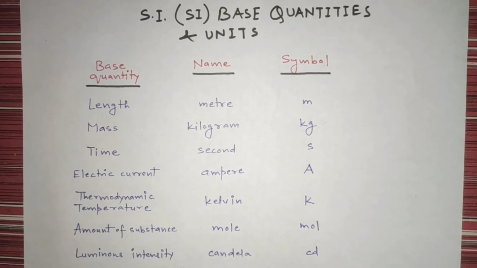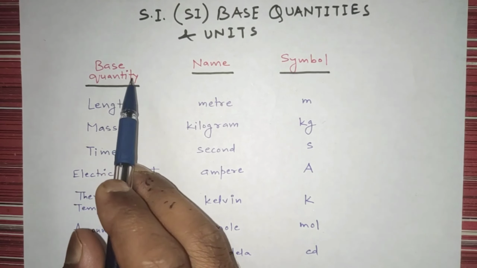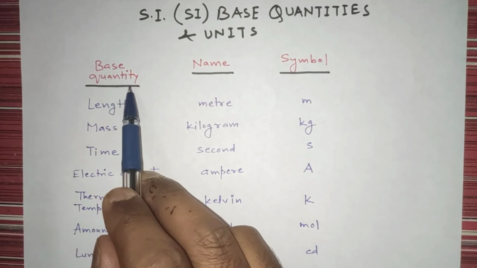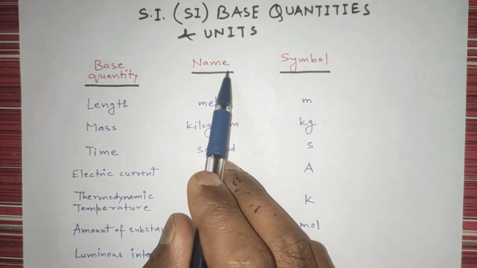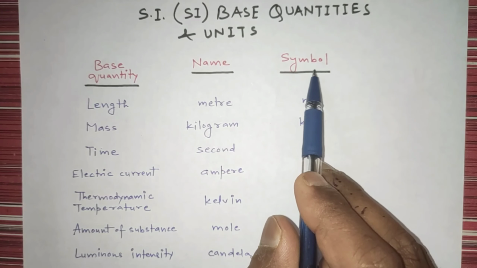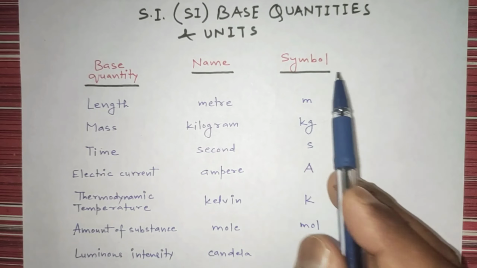So in SI there are 7 base units. So here we have written base quantity, the name of the unit associated with it, and the symbol for the unit.